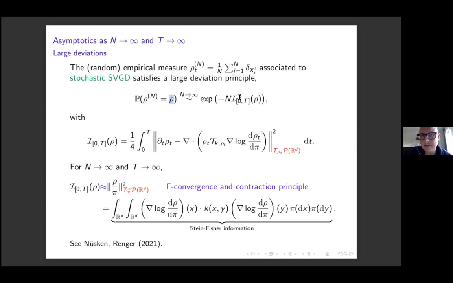You should read this equation with rho as the free variable. There are two possibilities: either rho satisfies the PDE or it doesn't. If rho satisfies the PDE, then this function will be 0, and so the probability here will be 1.